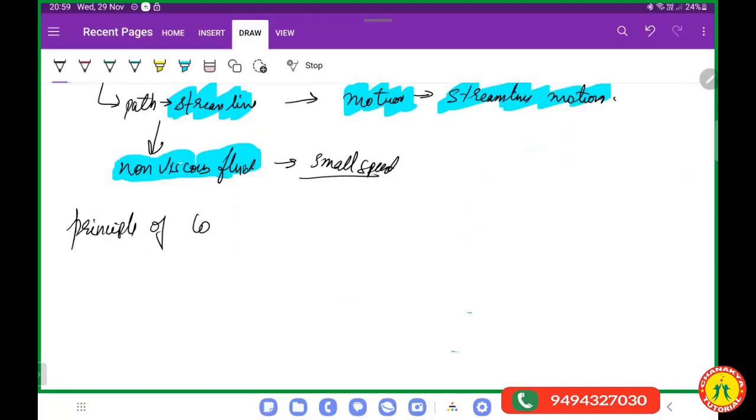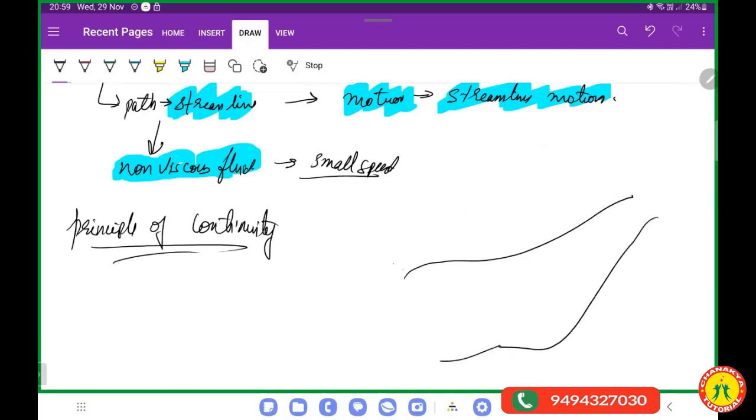Principle of continuity. I don't know if I can draw or not, but yeah. Some small area and some big area. Now, if you observe an airplane engine, this is the gas intake here, and this is the exhaust nozzle.